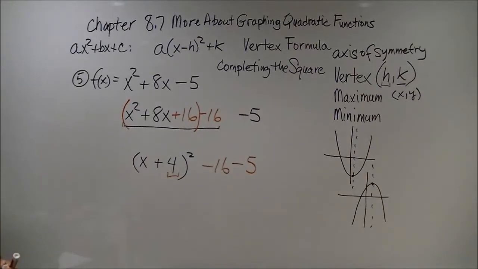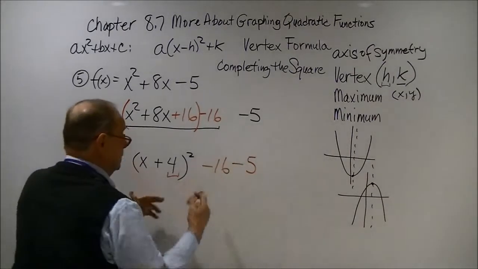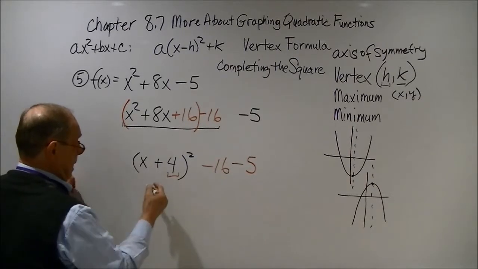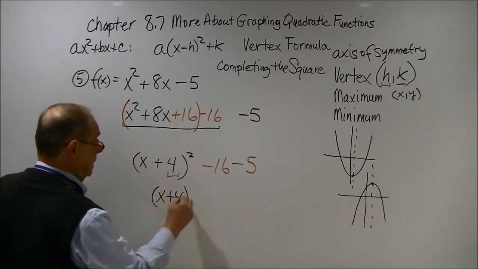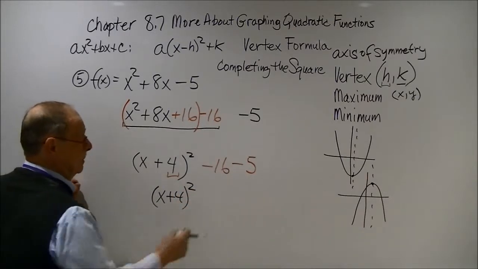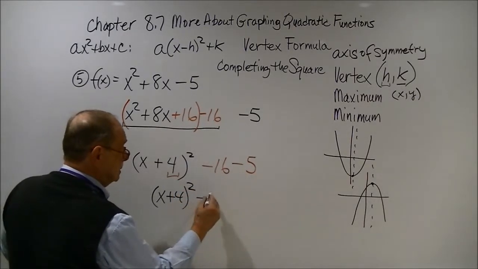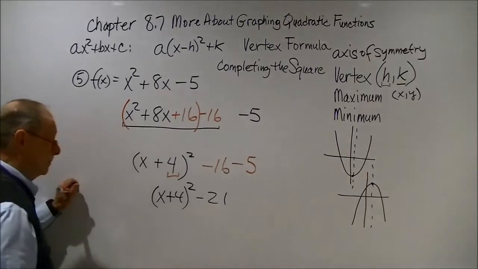Now what do we do? Well, we sort of summarize this, and we get x plus 4, the quantity squared, minus 21.